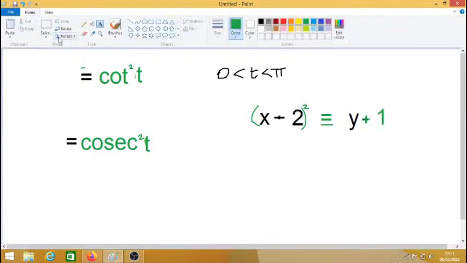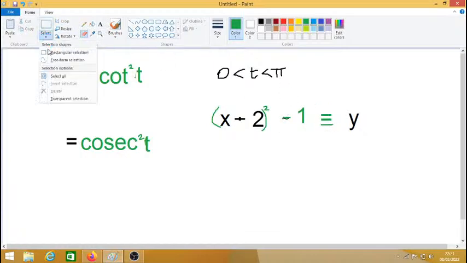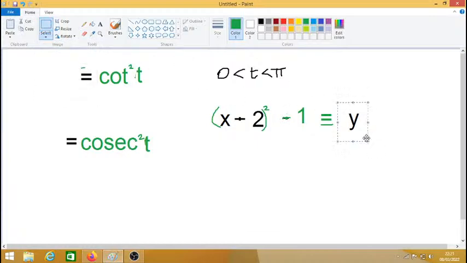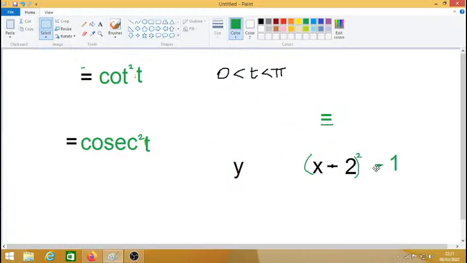And then let's bring the plus 1 across. So that'll be a minus 1. And then we're more familiar with having y on the left and everything else on the right. So let's just swap the sides. So we can have y on this side, x minus 2 squared minus 1 on that side.